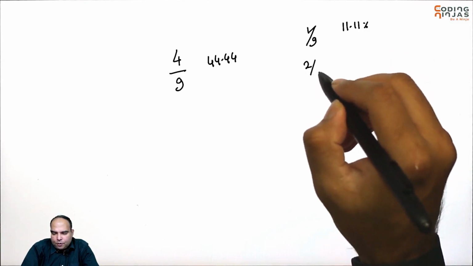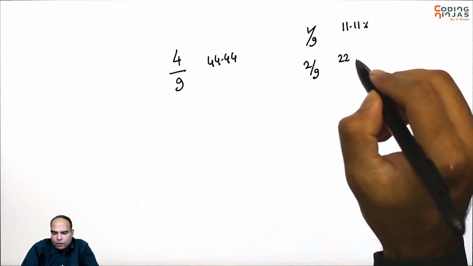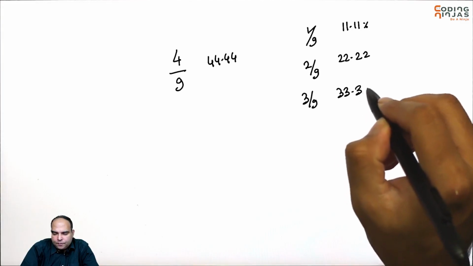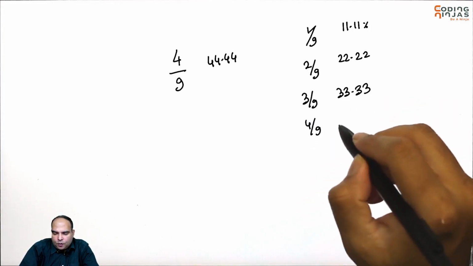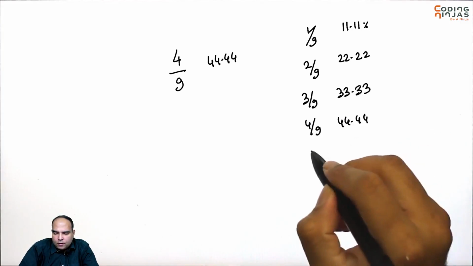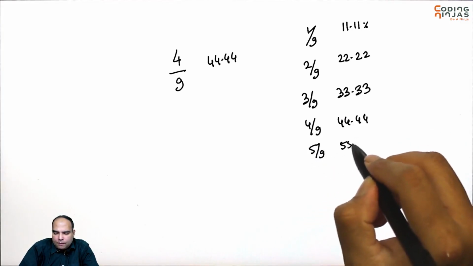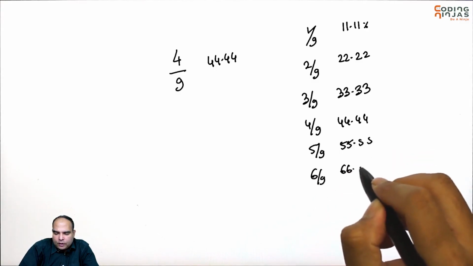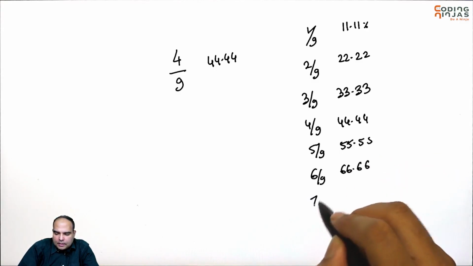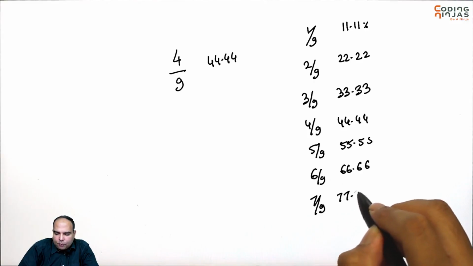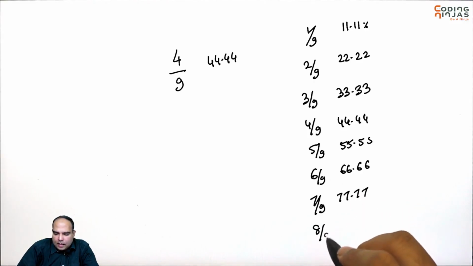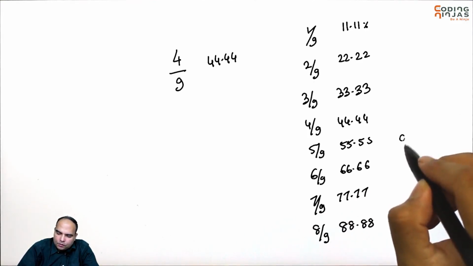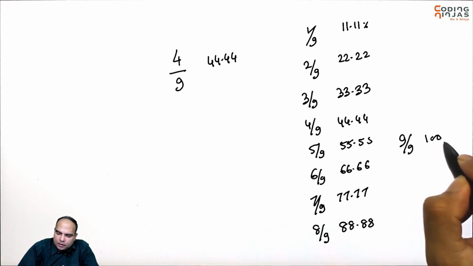If 1 by 9 is 11.11, 2 by 9 is 22.22, 3 by 9 is 33.33, 4 by 9 is 44.44, 5 by 9 is 55.55, 6 by 9 is 66.66, 7 by 9 is 77.77, 8 by 9 is 88.88, and of course 9 by 9 is 100%.